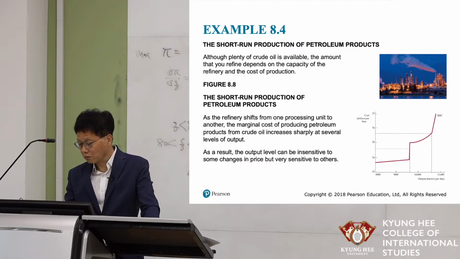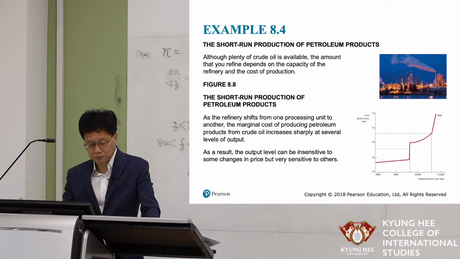So when producing in this area, for example, production over 10,000, the output is insensitive. But when your production is less than about 10,000, it is very sensitive.